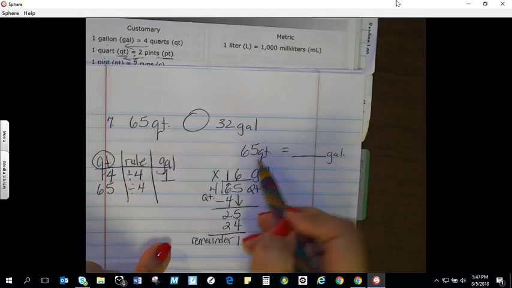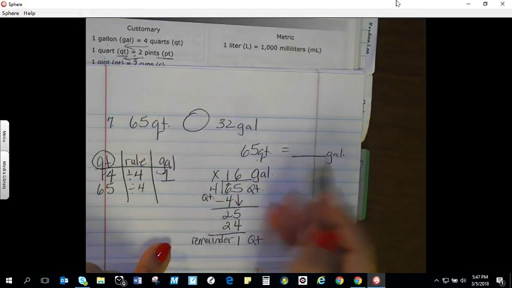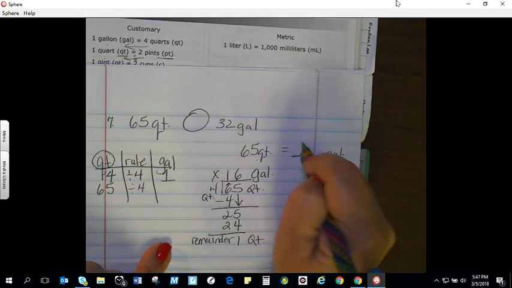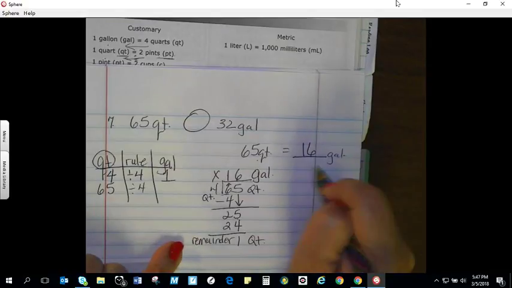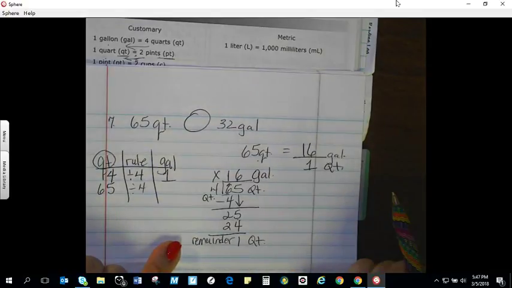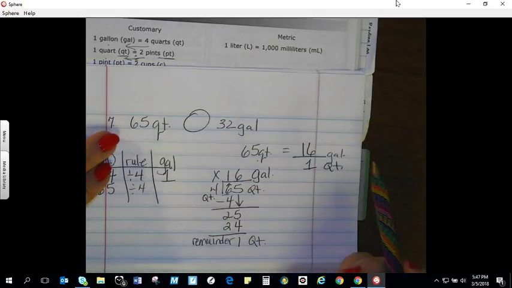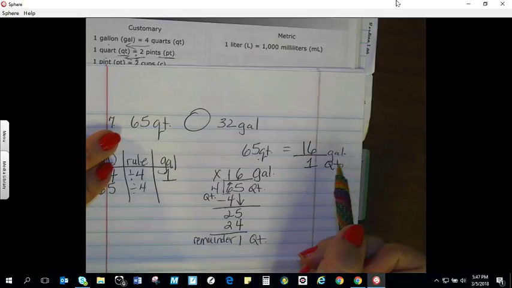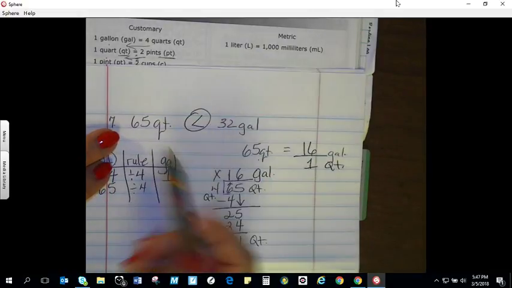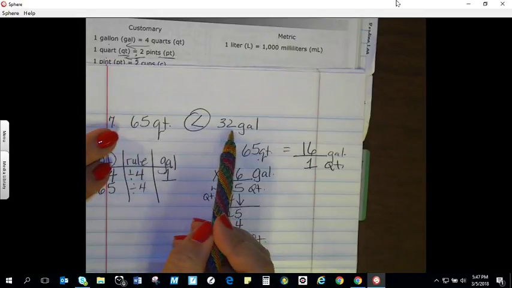So 65 quarts is equivalent to 16 gallons and 1 quart. So if that's the case, which direction will this go into? Which one is larger? Absolutely right. 65 quarts is less than 32 gallons.